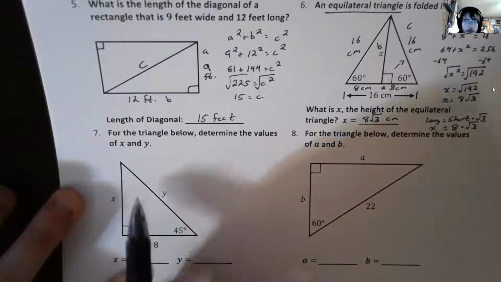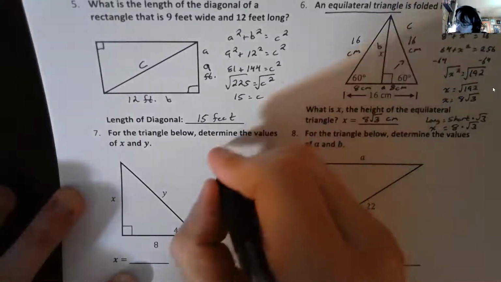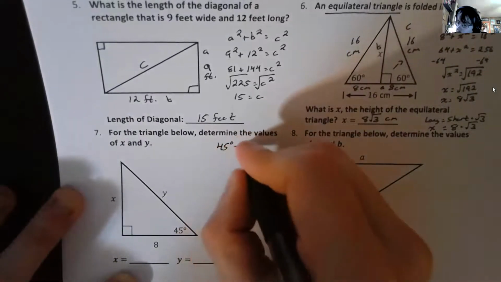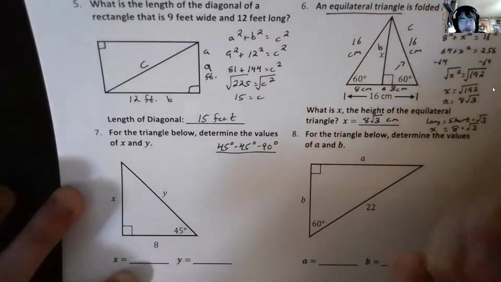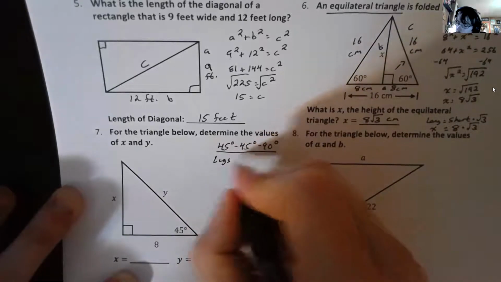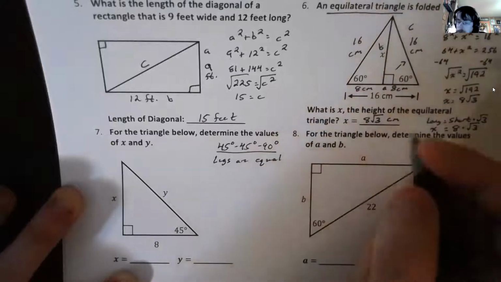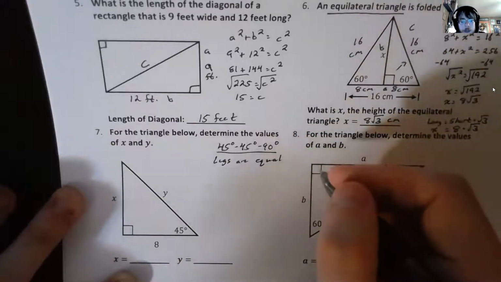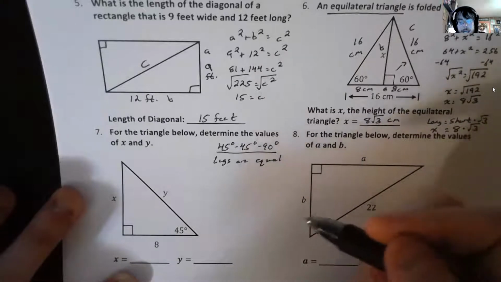Okay, so here we're looking to see if we have a 45, 45, 90 triangle or a 30, 60, 90 triangle. And you can tell that we have a 45, 45, 90 because of the 45-degree angle there. And the properties of a 45, 45, 90 triangle, the legs are equal, first off, and then the hypotenuse is equal to the leg times root 2.